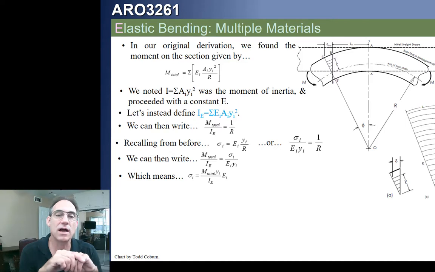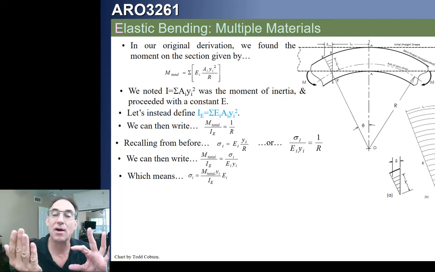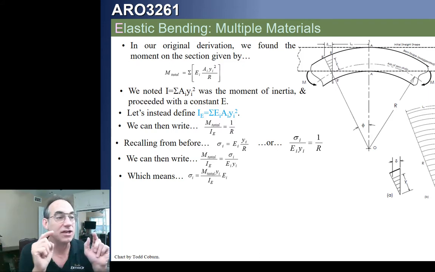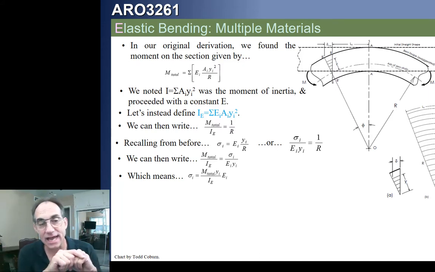Some texts will calculate the My over moment of inertia and then later multiply by that E. I like to do it all in the same step, and I'll show you how that works.